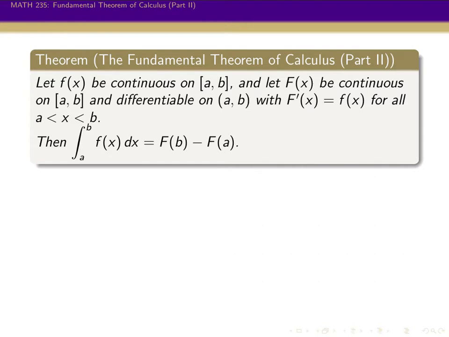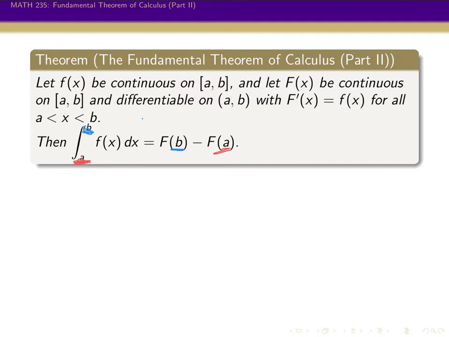So the important thing to note here is the values that we're plugging in to big F are coming from the endpoints of the integral. Okay, so if we're taking the integral from a to b of little f, that's going to equal big F at b minus big F at a.